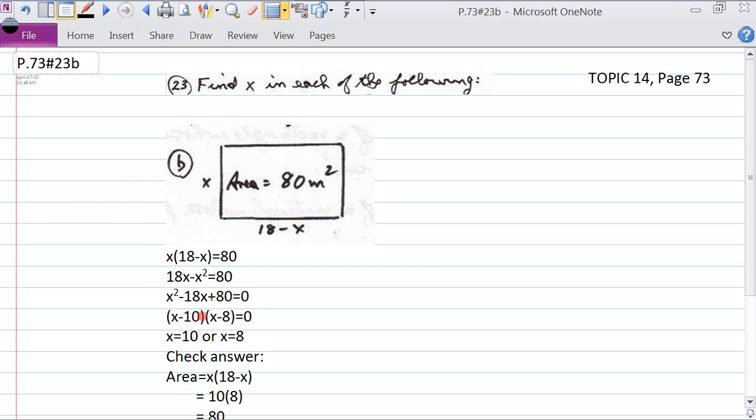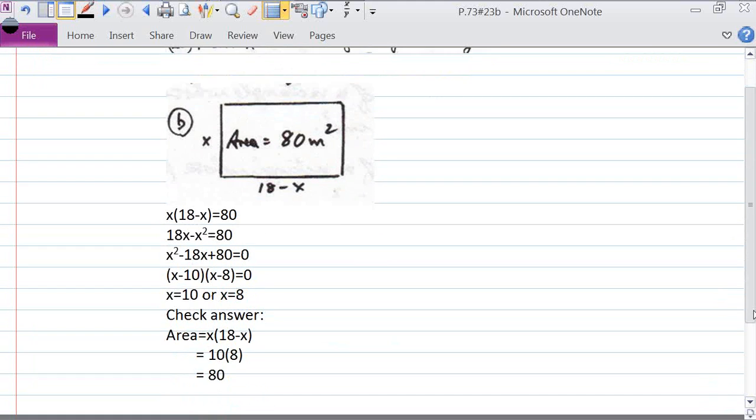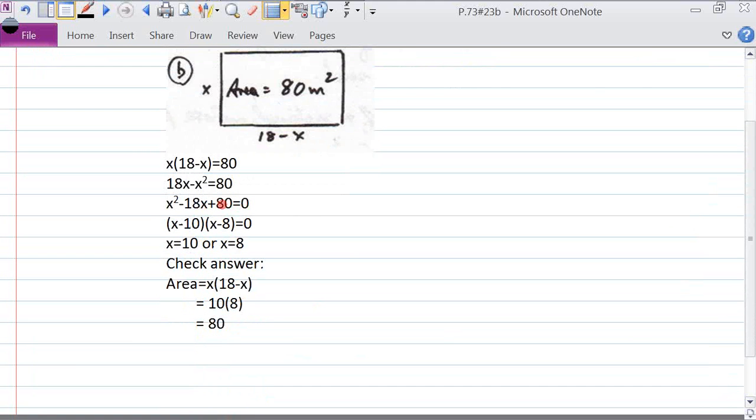So minus 10x is the inner one, minus 8x is the outer one. That gives me minus 18x. x times x gives me x squared, and minus 10 times minus 8 gives me plus 80. So there are no other factors that you can use. You could say, well, what about 4 and 20? Well, you can't combine 4 and 20 to give you minus 18. So x could be 10 or x could be 8.